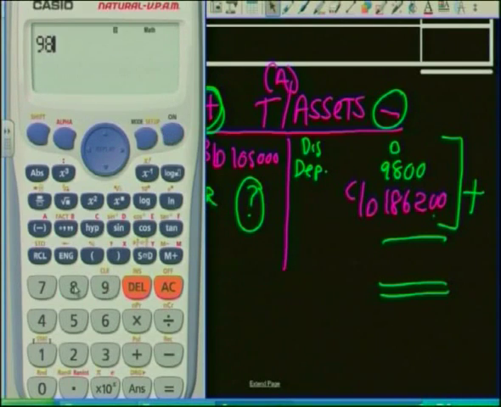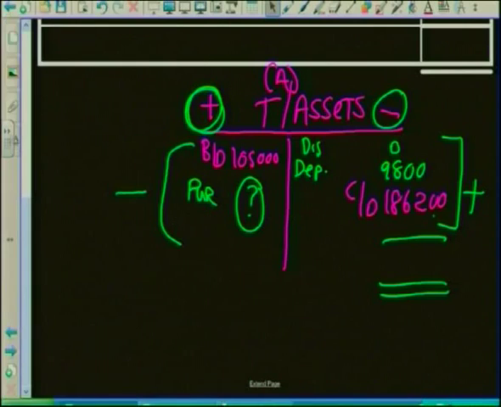So we've got 9,800 plus 186,200, and I'm now subtracting 105,000 to get land and buildings that were purchased, 91,000. So let's fill that amount in. Okay, that amount is now known, 91,000.